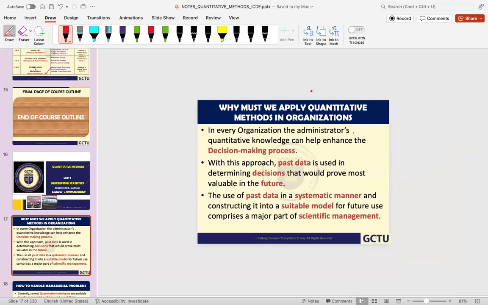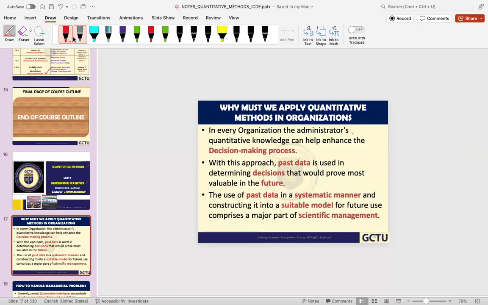Now, there are two words I'm sure you've come across before. These are the two words. I'm sure you've heard the word quality before, and you've also heard the word quantity.